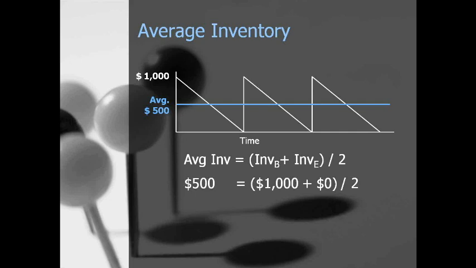So the average inventory calculation, how much did it cost, is your beginning inventory, $1,000, plus your ending inventory, $0, divided by 2. In this case, 1,000 plus 0 divided by 2, $500. That's the average amount of inventory we will have on hand at any particular time of this item.